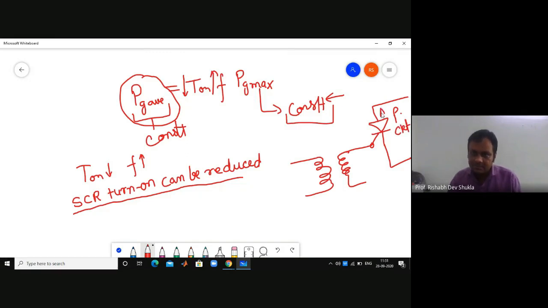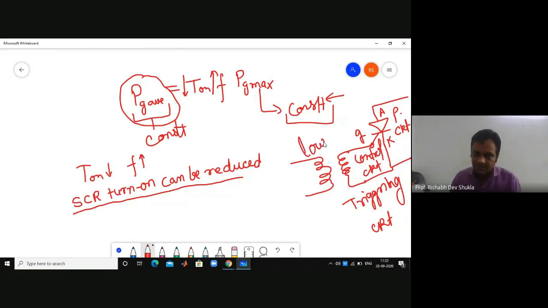Anode to cathode circuit is your power circuit, and gate to cathode is your control circuit, or triggering circuit. The power circuit is of somewhat higher rating, but the control and triggering circuit is of a lower rating. So in order to connect them, I'm going to use a pulse transformer.